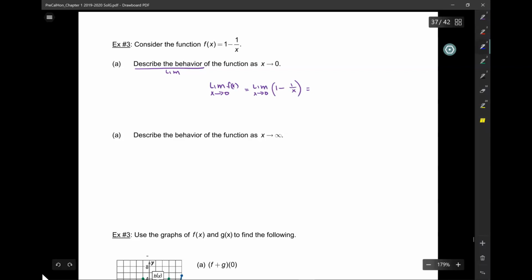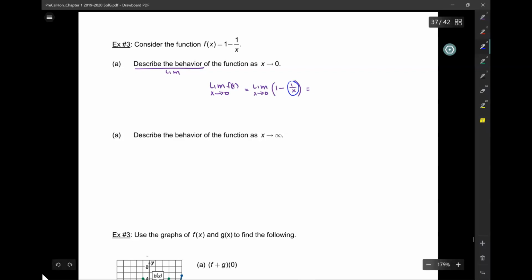All right, so here what we're doing is we are saying x is approaching 0. So x is becoming exceedingly small. Take a look at what we have here. I have 1 over x. If the denominator becomes smaller and smaller, let's think about what happens to the fraction.